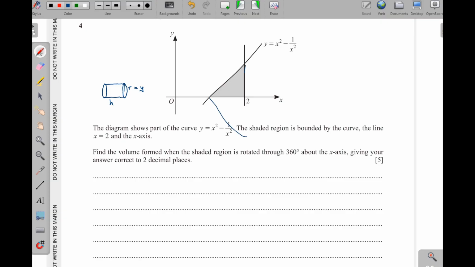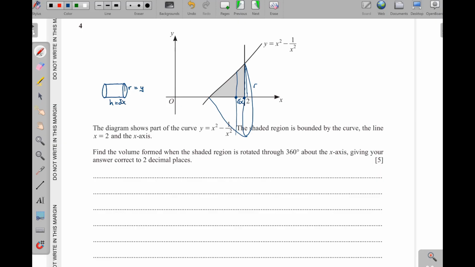There's a radius here, and then when I cut this one here to get that cylinder out, I'm going to have this point here and this point here. There is a small change in x there, which is our height here. So there is going to be the small change in x.